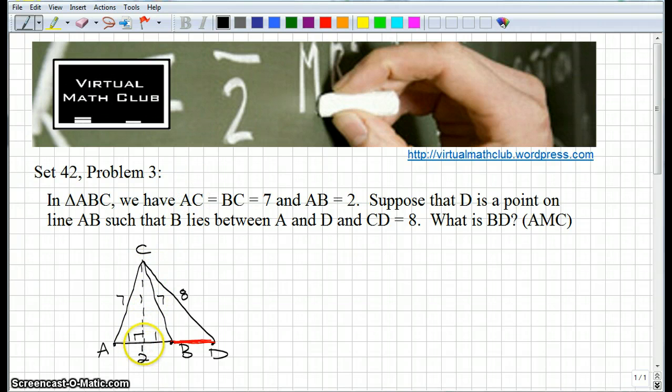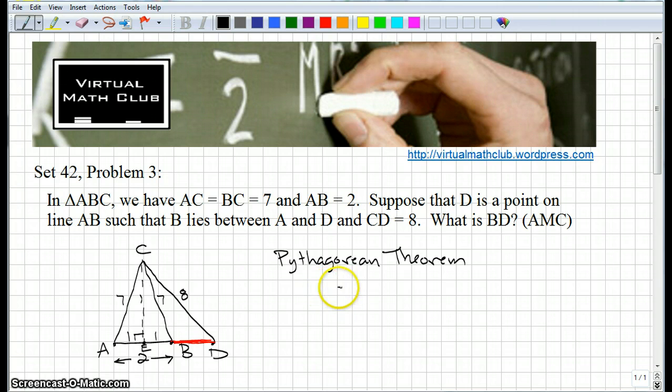Let's call this point E, just for the fun of it. We know that the length AB is 2, and at point E there's a right angle. If you look at this triangle CEB, it's a right triangle, and we know a leg and the hypotenuse. So we can use the Pythagorean theorem, which says that the hypotenuse squared is equal to the sum of the two legs squared.